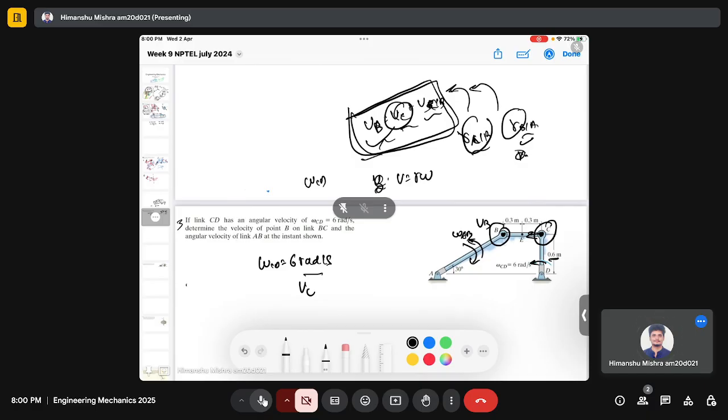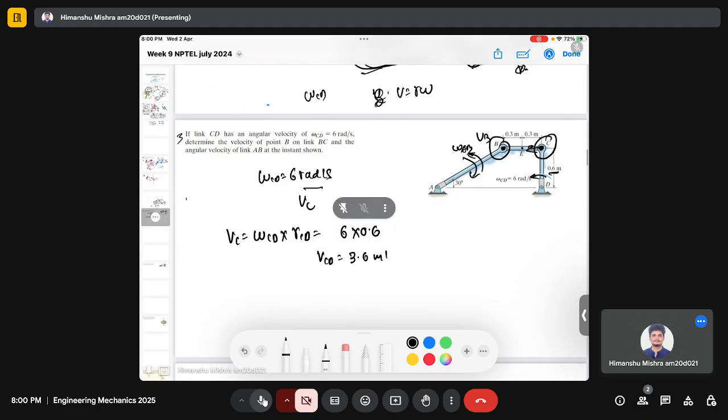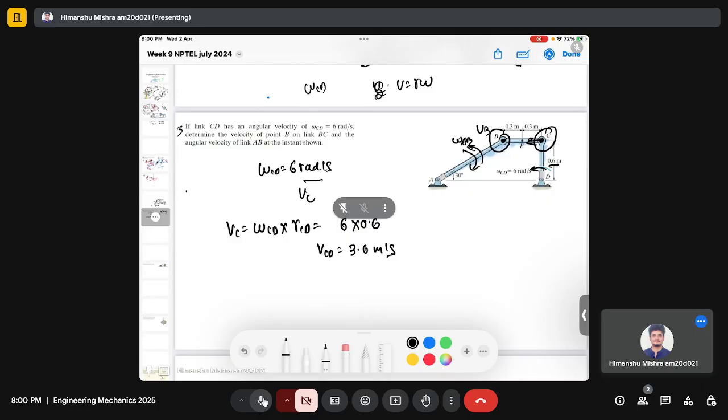Right, so my VC will be omega CD multiplied by R CD, which is 6 into 0.6. So this will be 3.6 meter per second. And I can write VB in a similar manner, which is omega AB multiplied by RAB.